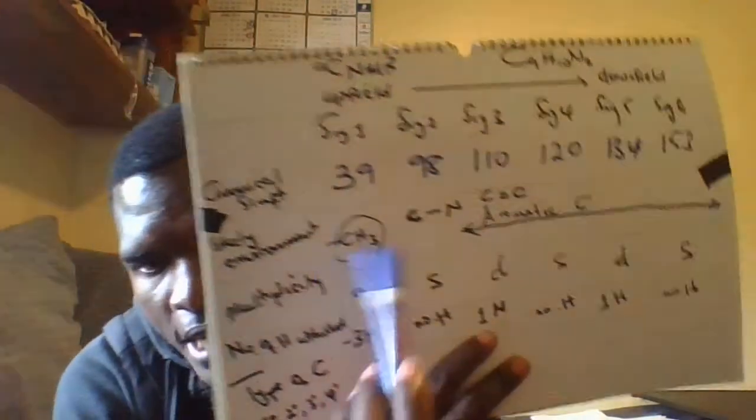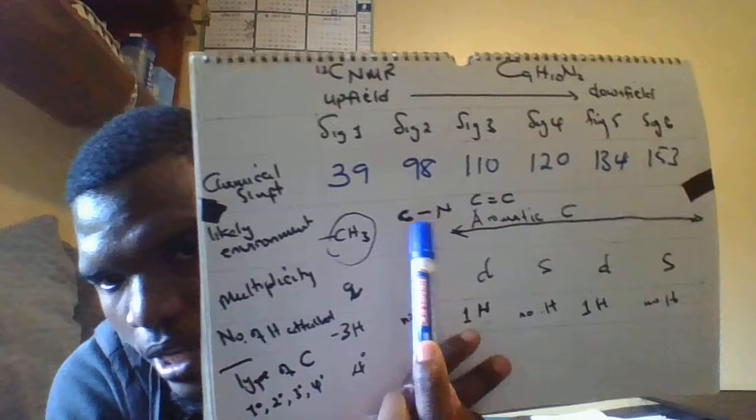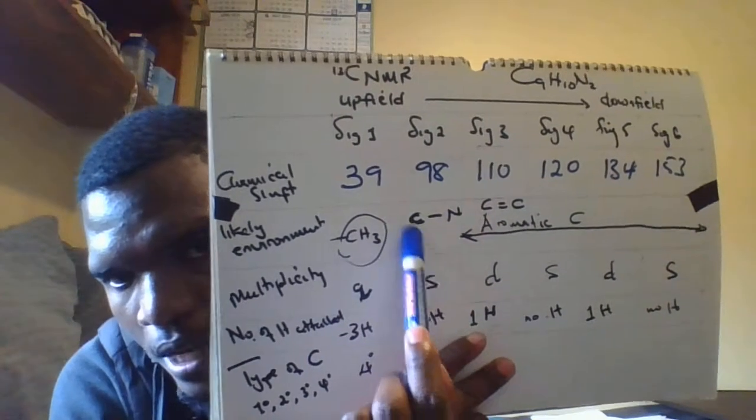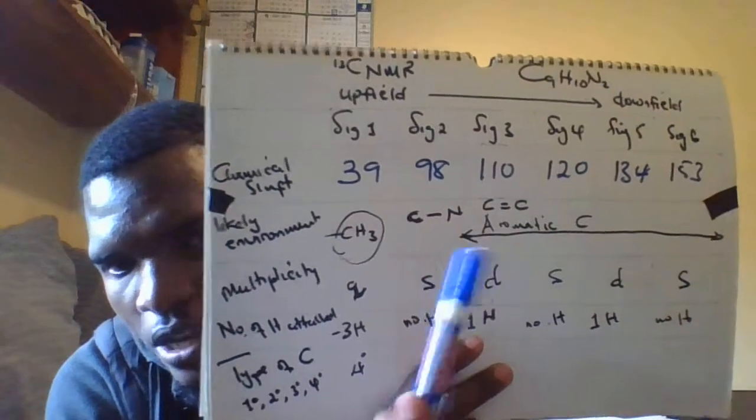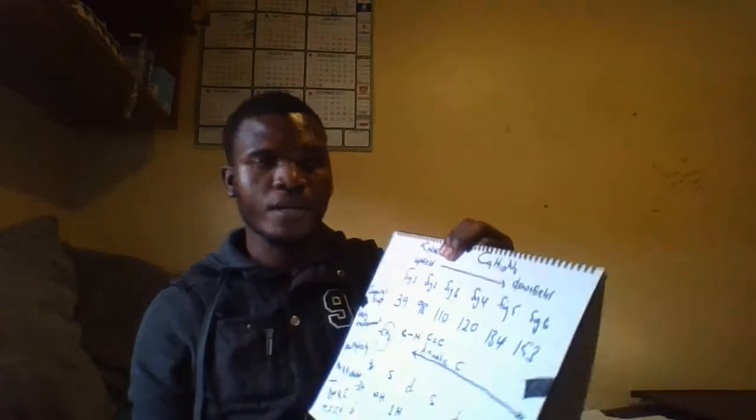Then the value at 98 is actually telling us that we have a CN, because we can rule out the possibility of a CO if you remember the chart that I showed you. Let me just bring that chart close so that things make sense as we interpret this.